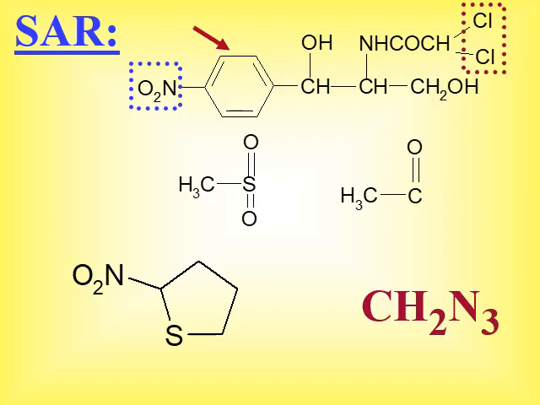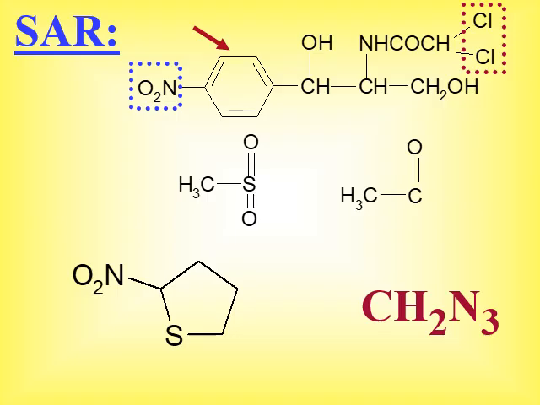If you replace this nitro group by another group, it will lose the activity, except if it is an acetyl group, as I draw it here. An example is called thiamphenicol... or you replace it by a methyl sulfonyl group, as an example.